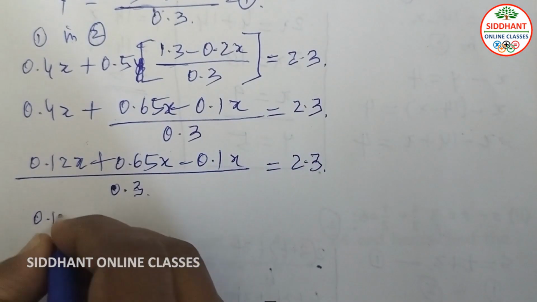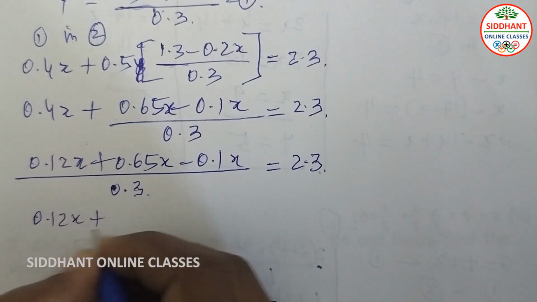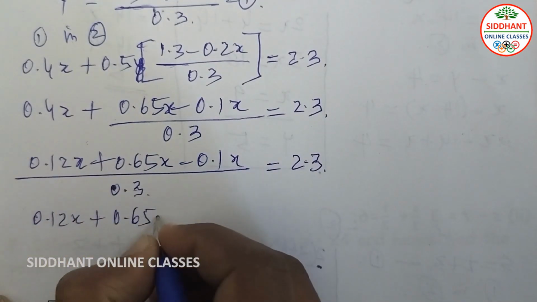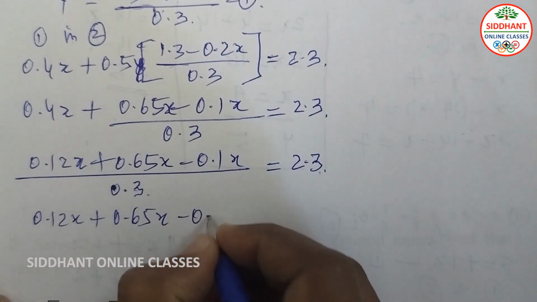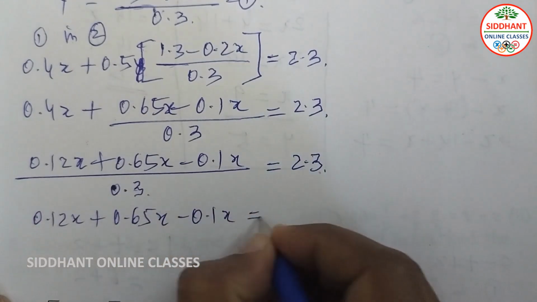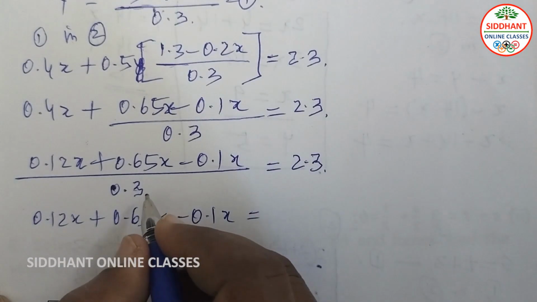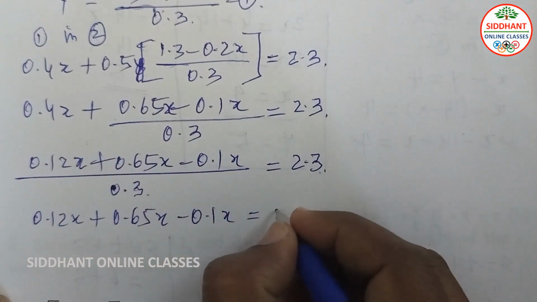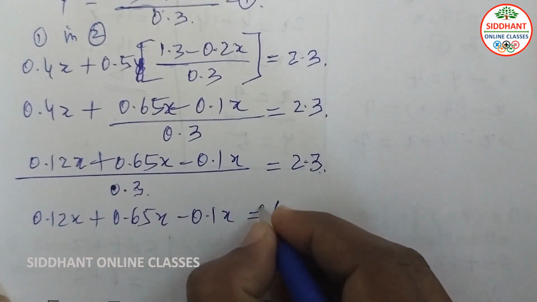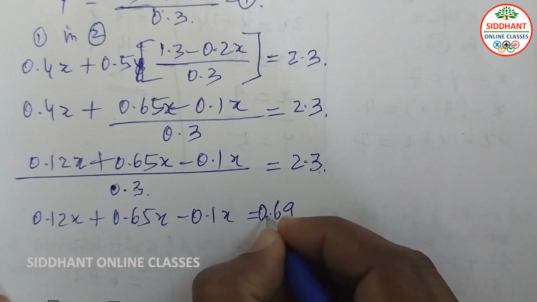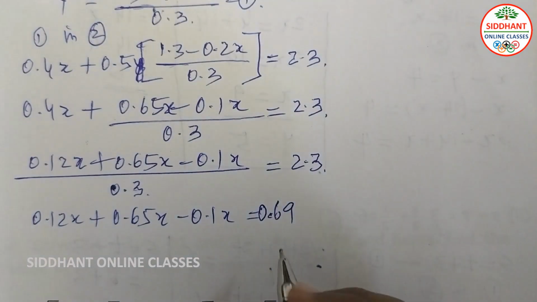So 0.12x plus 0.65 minus 0.1x equal to 0.3 into 2.3, which will be 0.69.